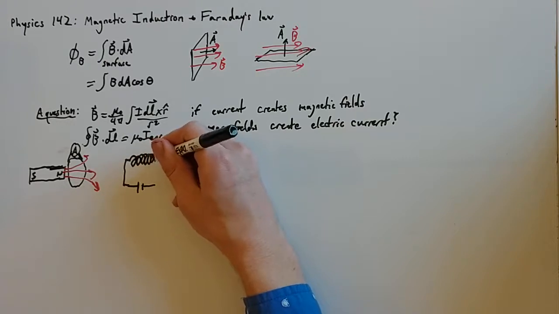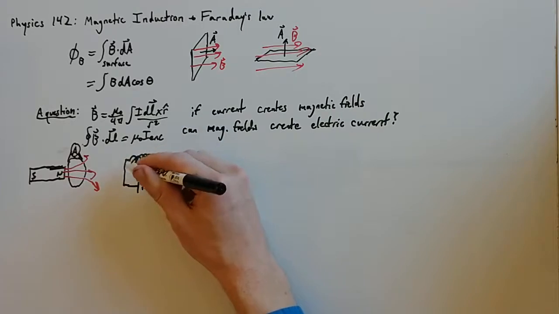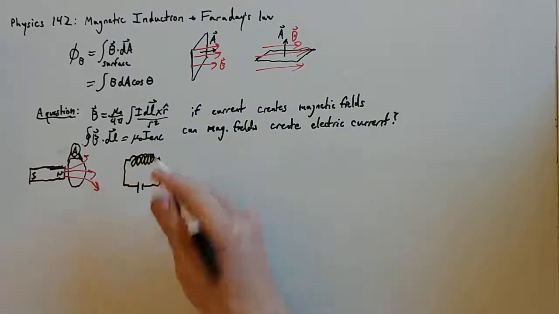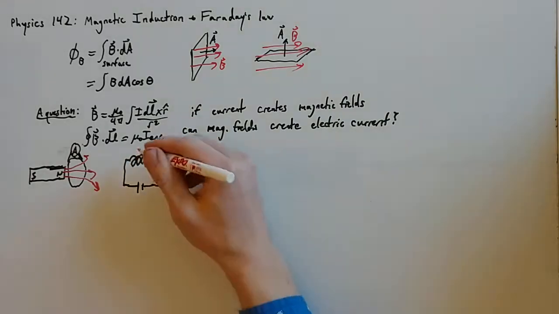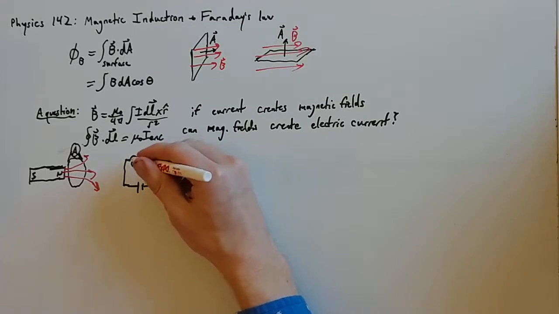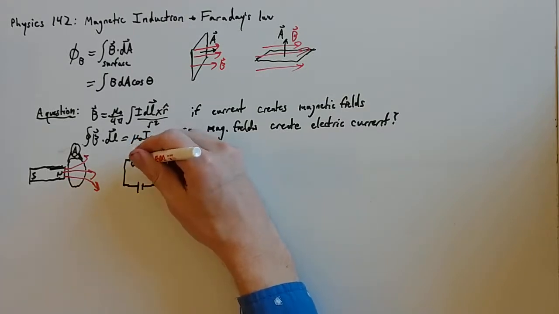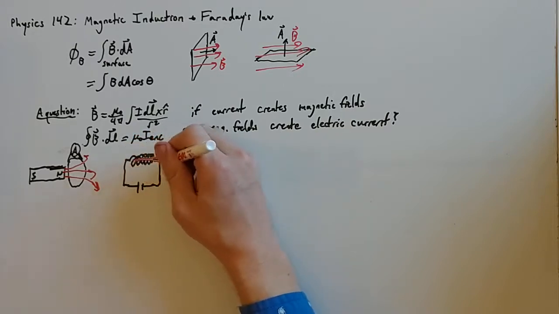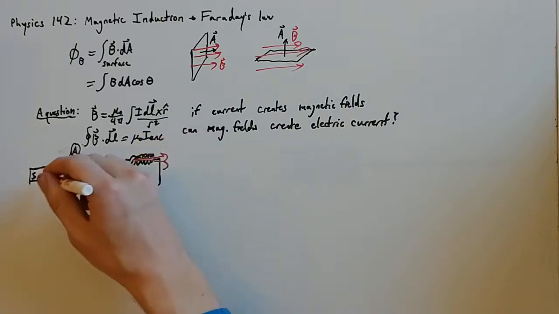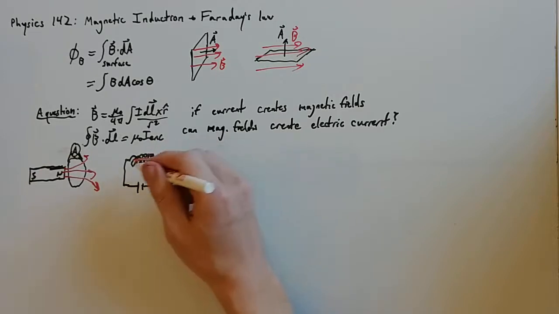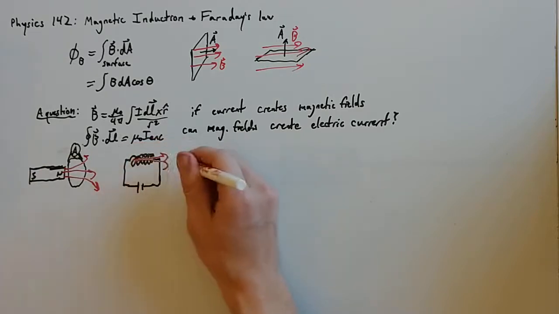If you have many loops of a coil here, remember that we calculated for circles that a charge flowing in a circle gives a magnetic field that comes out through the center. So many loops act essentially the same as a bar magnet. You're creating a strong magnetic field that comes out through the center.